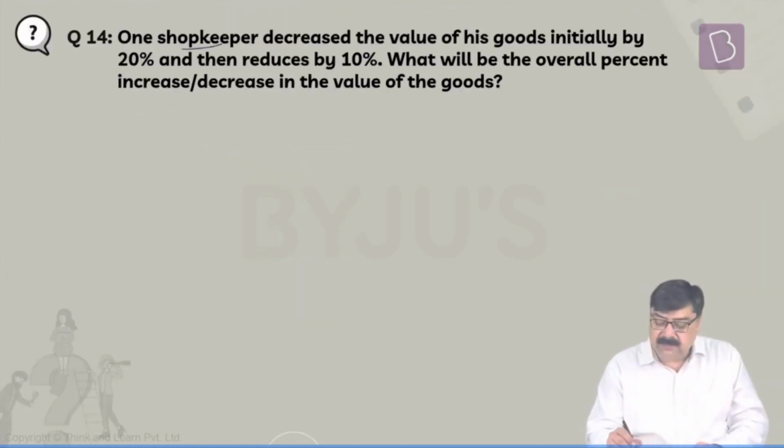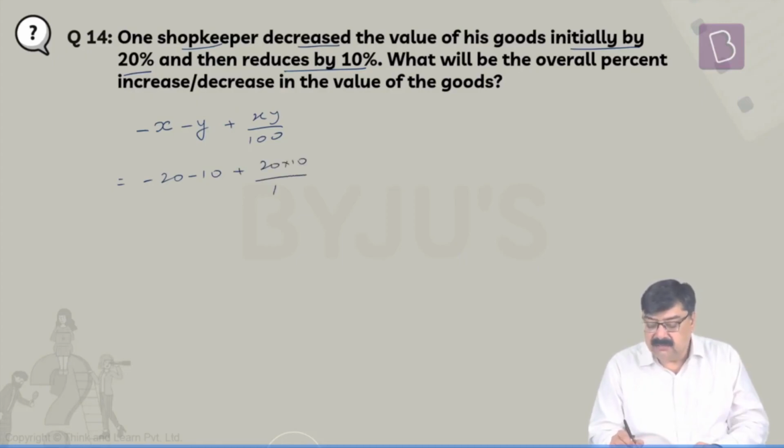Now, one shopkeeper decreased the value of his goods initially by 20%. So there is a decrease first, so minus x, and then reduces by 10%, so minus y, plus xy by 100 is what we are getting here. So this is minus 20 minus 10 plus 20 into 10 by 100, zeros cancel.